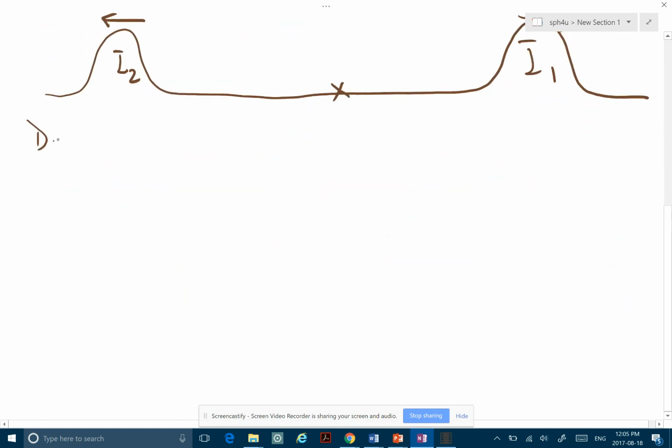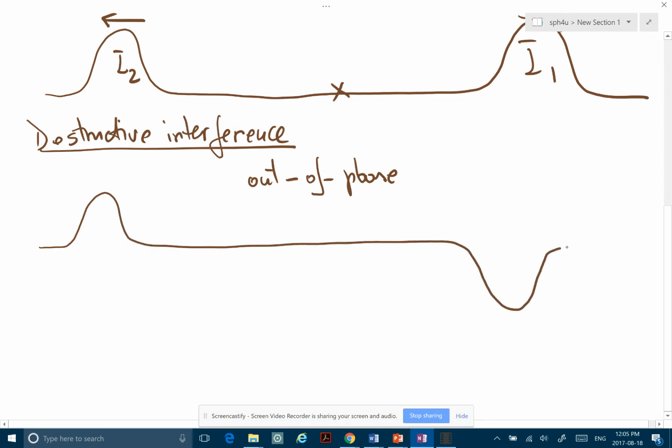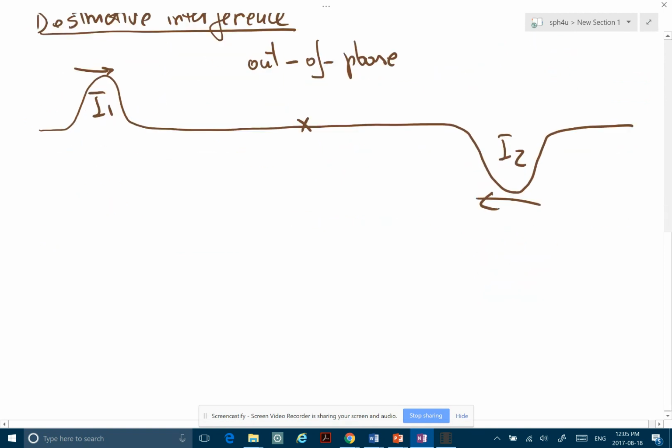The other type of interference is destructive interference, when the two waves or pulses are out of phase. So in this case, one is up, the other one is down, so I1, I2, and they are traveling against each other.